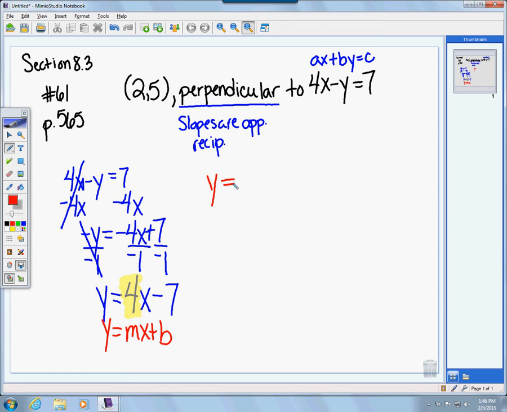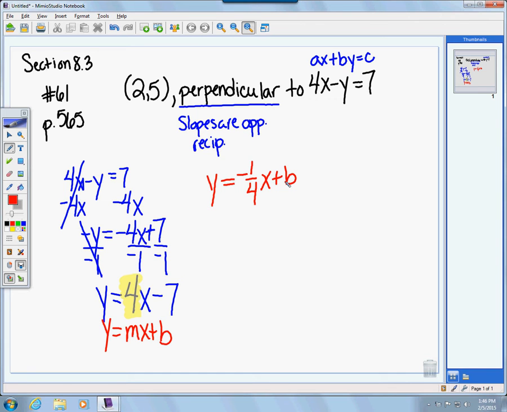I'll give you a couple seconds to think about that. It will be negative 1/4, because the opposite of 4 would be a negative value, and the reciprocal of 4 is 1/4. So we can start off with this as our base for our answer.